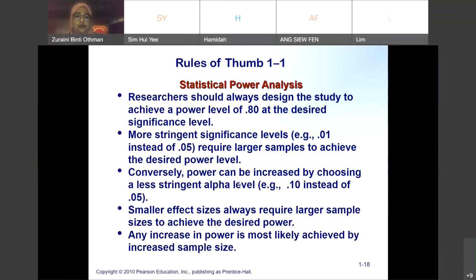Conversely, power can be increased by choosing a less stringent alpha level, for example 0.1 instead of 0.05. A smaller effect size always requires a larger sample size to achieve the desired power, and any increase in power is most likely achieved by increasing sample size. This is the rule of thumb for power in statistical analysis.